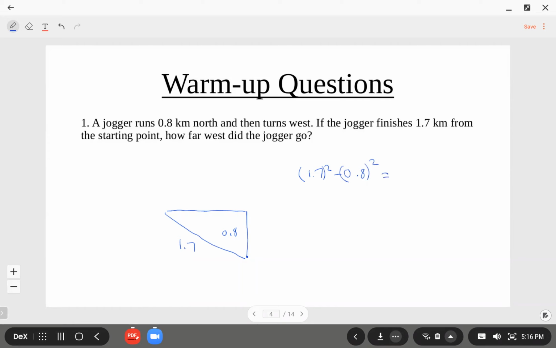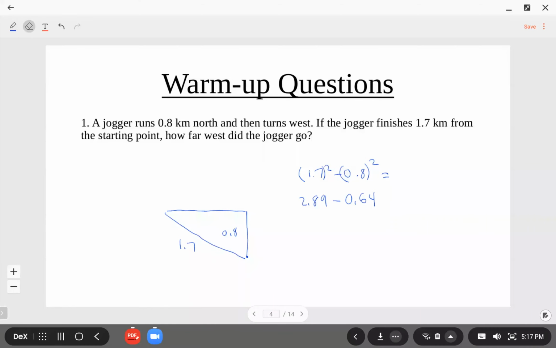So that equals 1.7 squared, 2.89 minus 0.64. Hold on a second. Okay, that was wrong.